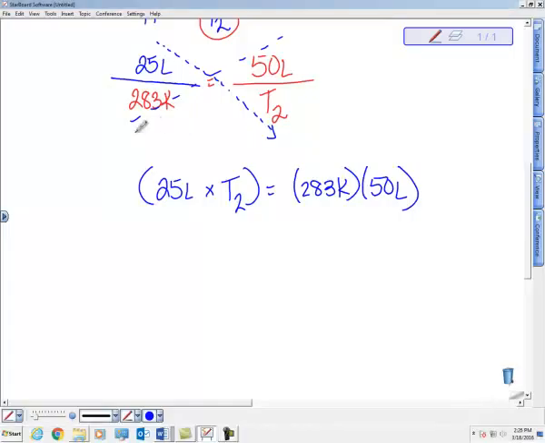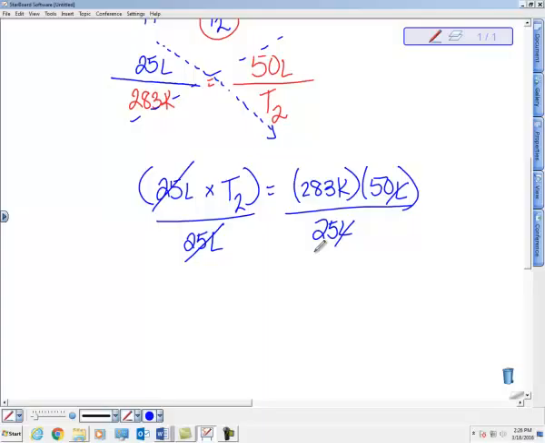At this point we are going to isolate T2, and to get rid of this 25 attached to it, we are going to divide by 25. I'll come over here, divide by 25 liters, and you'll see that the liters cancel. And this is gone too. So T2 is equal to this.